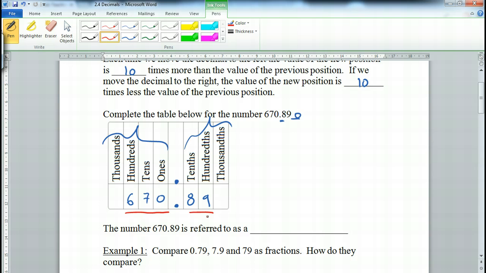In other words, I can say I have 670 pizzas, and then I only have 0.89 of another pizza. We're going to look at how to convert those to fractions, and we'll go back and forth between the two. So this number is referred to as a decimal.